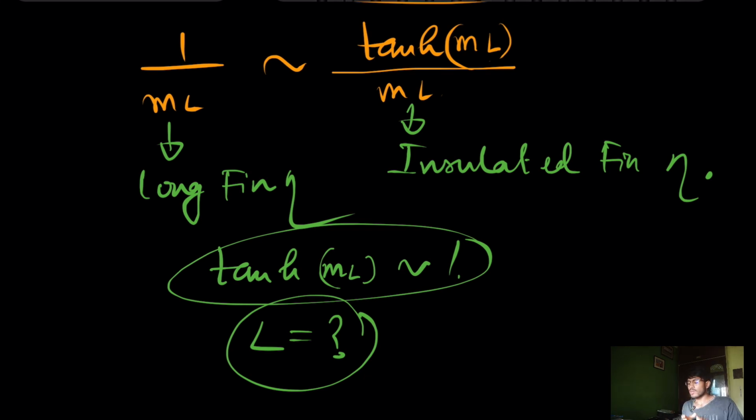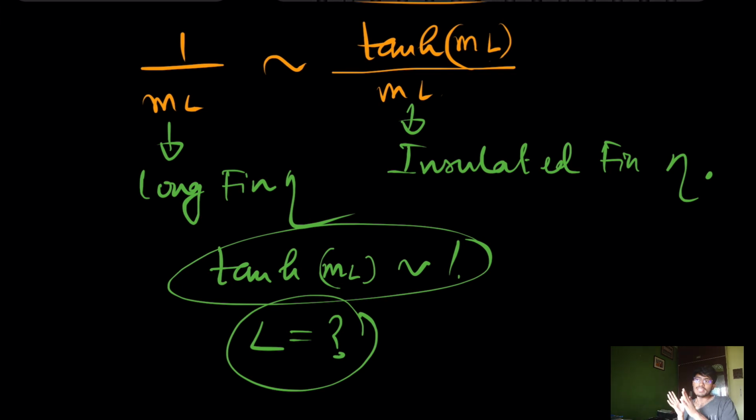Okay, so we do it by comparing the fin efficiencies for different conditions. Now you can convert the fin from a convective boundary condition to an insulated fin tip. Whenever you convert that, you can use that efficiency, tanh ml by ml, and you compare that with 1 by ml.